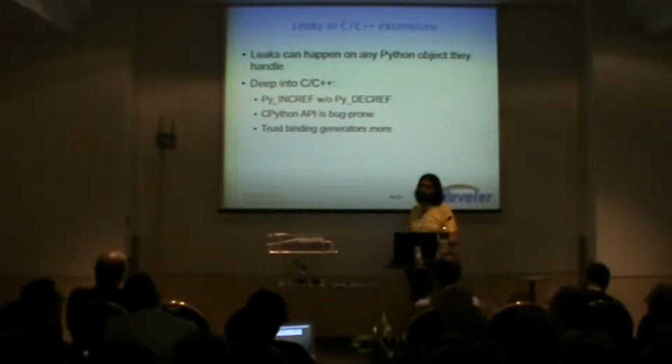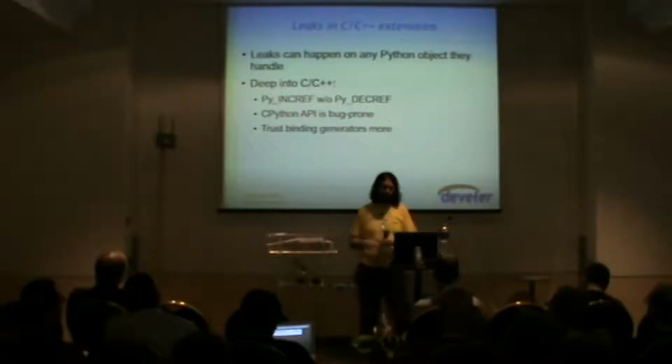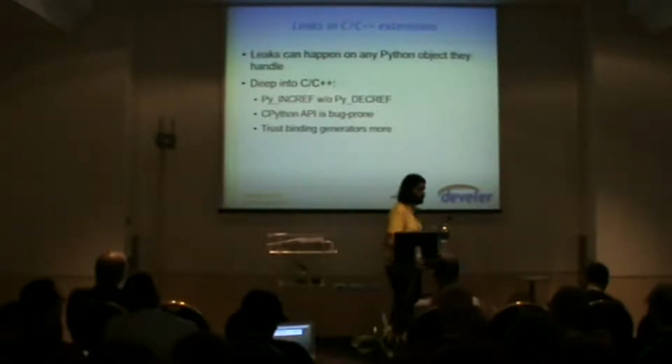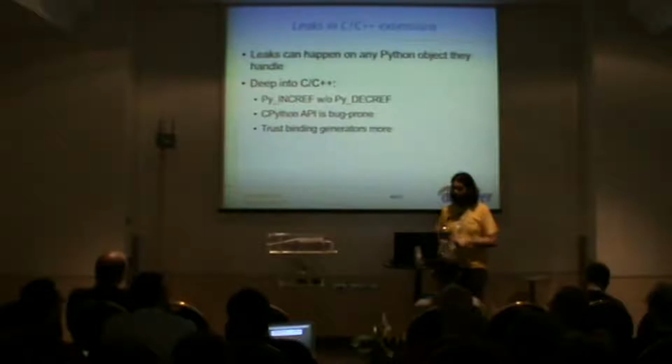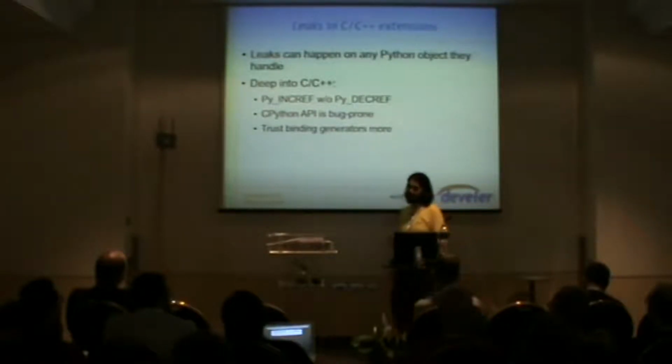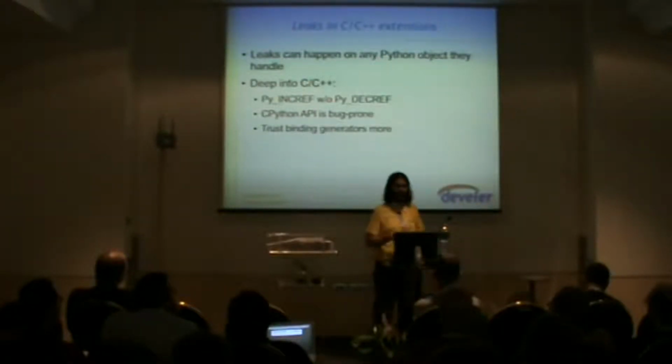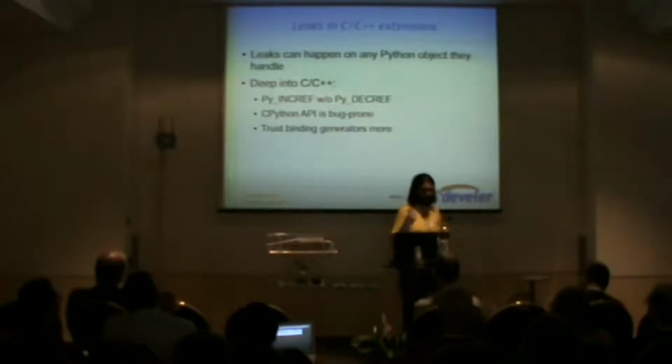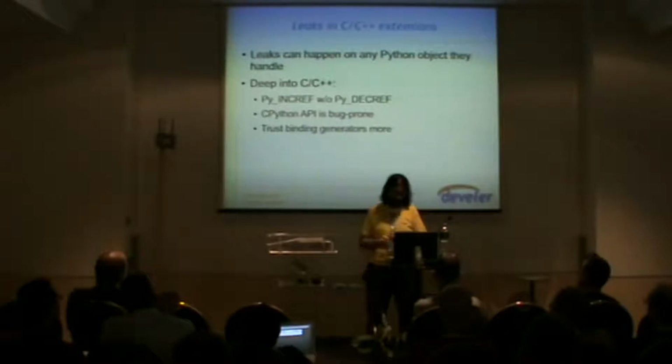While if it's using some kind of binding generator, like Cython or Swig or SIP or whatever, then probably there are no bugs, because the binding generator takes care of these reference counters, and the code is more mature, okay?